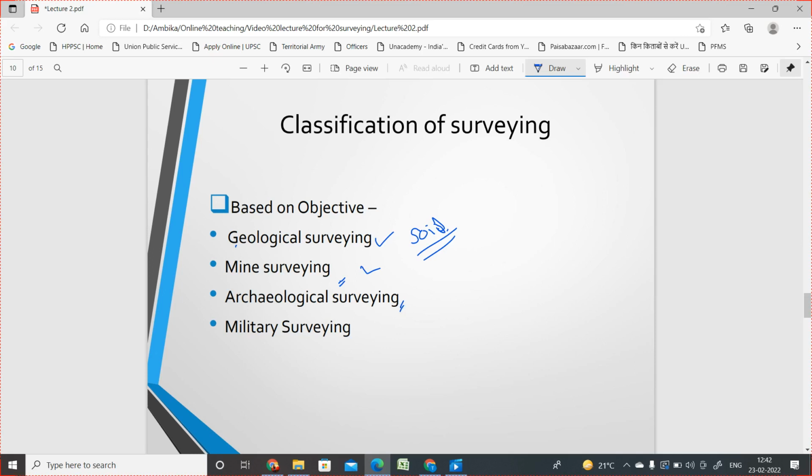So such type of surveying is called archaeological surveying. The last one is military surveying. Military surveying is related to the army area only. In this case, they do survey for many purposes, like identifying enemy places and targets, and then they plan their strategy and all. Such type of surveying is called military surveying.